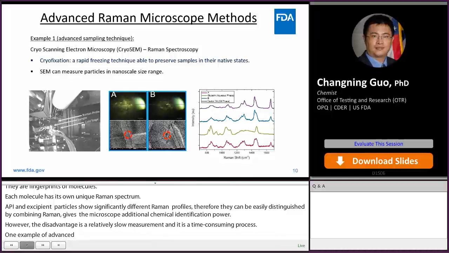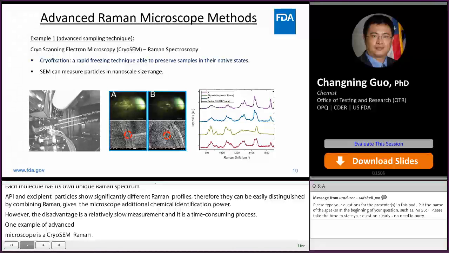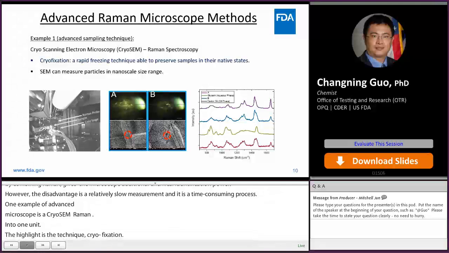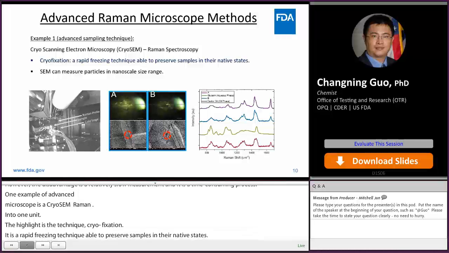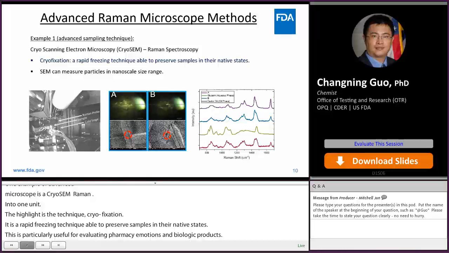The highlight is its advanced sampling technique, cryofixation. It is a rapid freezing technique able to preserve samples in their native states. This is particularly useful for evaluating pharmaceutical emulsions and biological products. In addition, unlike regular microscope, which measures particles in the micron size range, SEM can measure particles in the nanoscale size range.